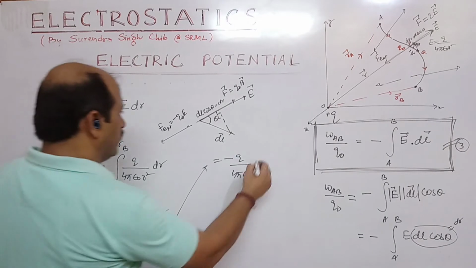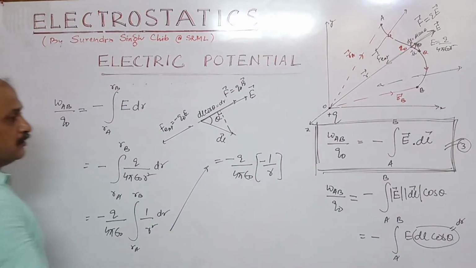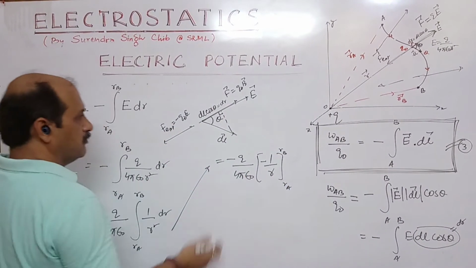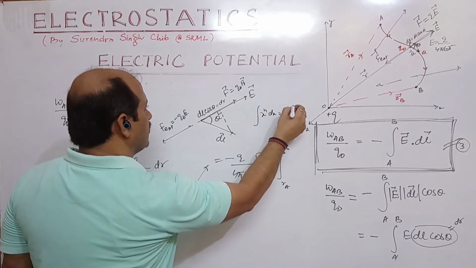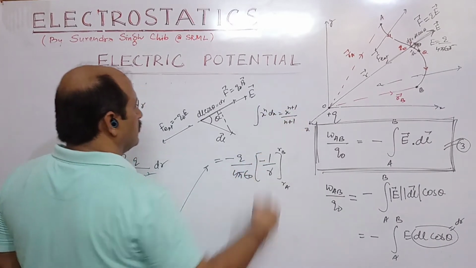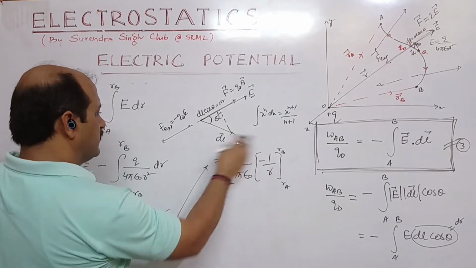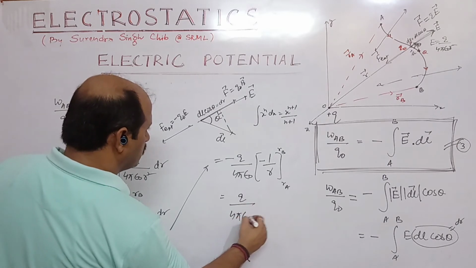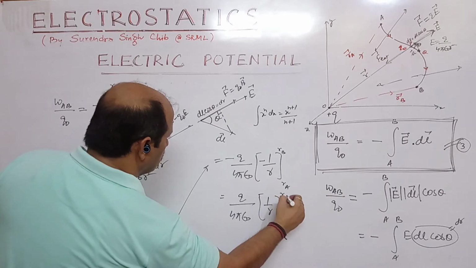It is minus 1 by r, from r_A to r_B. Those who cannot follow, there is a formula: integral of x to the n dx equals x to the n plus 1 divided by n plus 1. We can use this. Taking the minus outside, we get Q upon 4 pi epsilon naught times 1 upon r, from r_A to r_B.